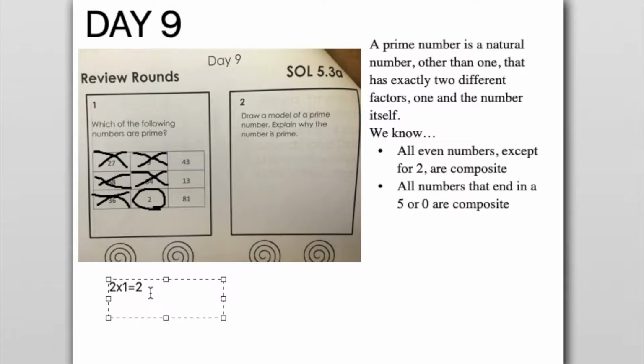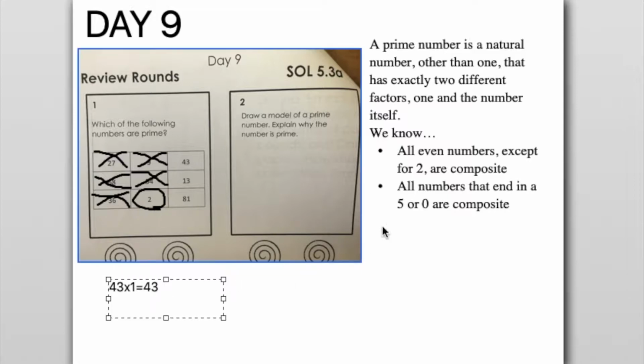43. All right, so we know 43 times 1 equals 43. Now, this is when you need to get your multiplication facts out. Maybe even grab a calculator and test it out and tell us, is 43 prime? Are there any numbers that go into 43 to make it composite?